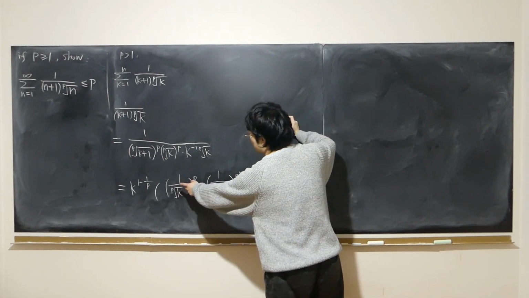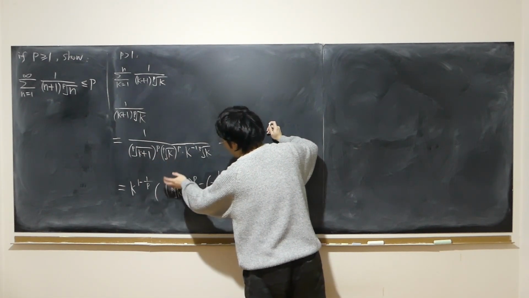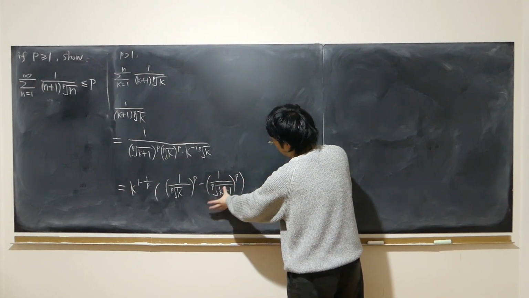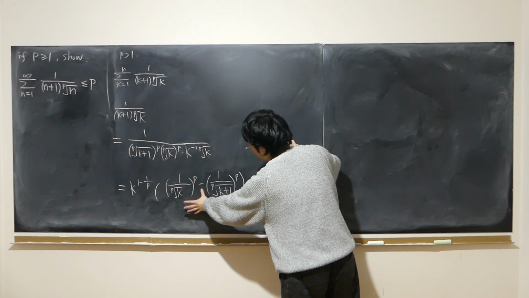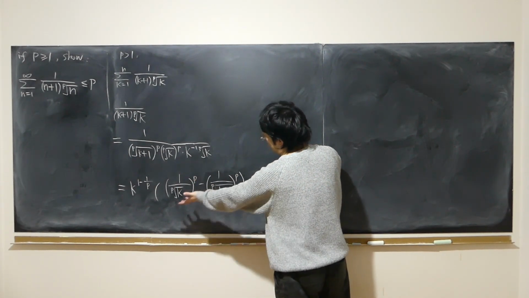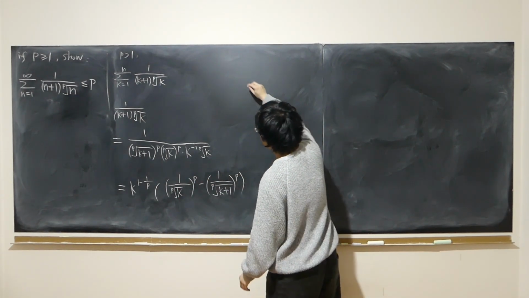Right, simply, this is because this is just k plus 1, this is just k. Right, still 1 over k, still 1 over k plus 1. Still we have common denominator, k times k plus 1, we have k plus 1 minus k, still have 1. So this is still the same thing.